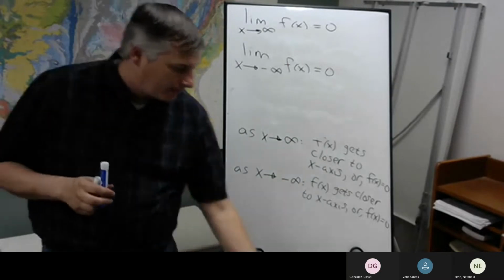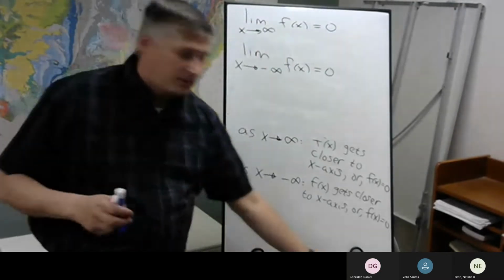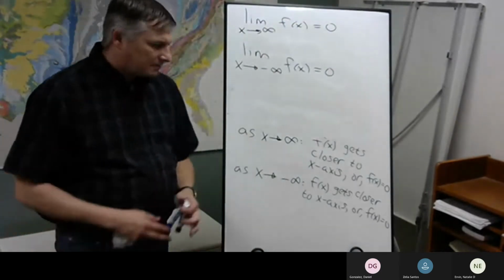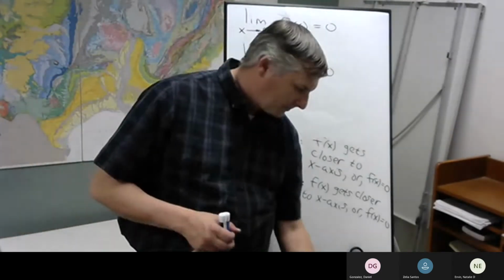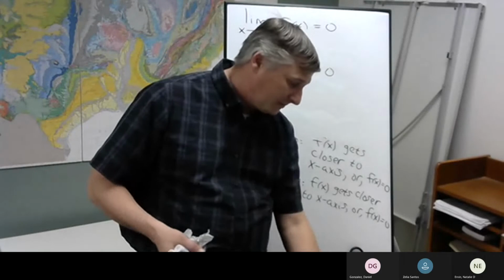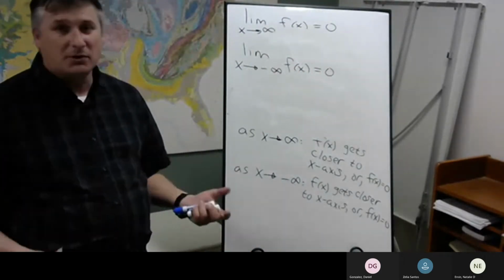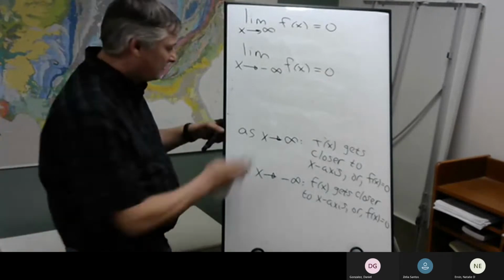So how can we use this to good effect? Well, it's going to let us come up with limits, or more complex limits than just 1 over x. And we can use our limit properties to do this.